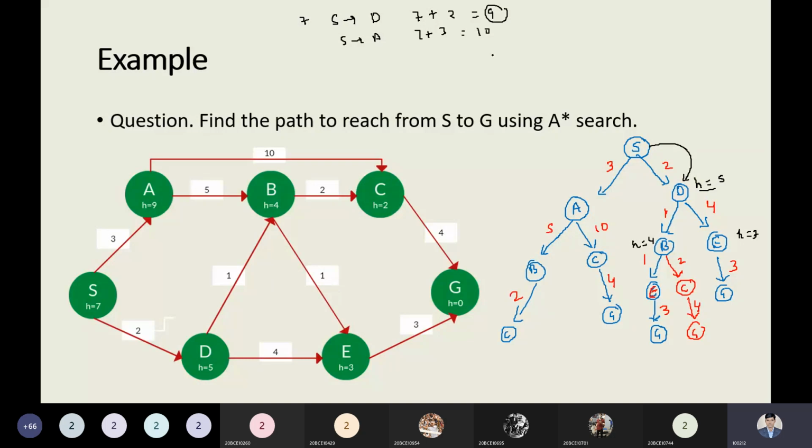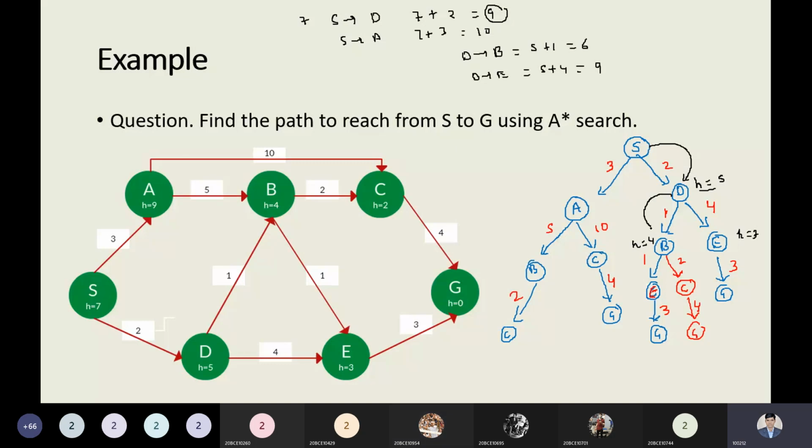If I'm talking about D to B, that would be 5 plus 1, that is 6. And if I'm talking about D to E, then 5 plus 4, that is 9. So what would be my next move? Yes, tell me right now. B, sir. B, of course. So that is the point.